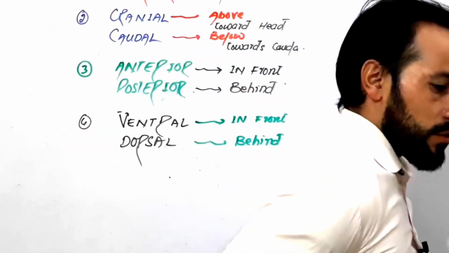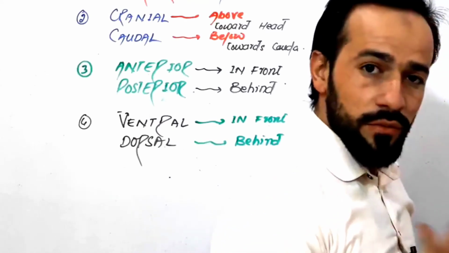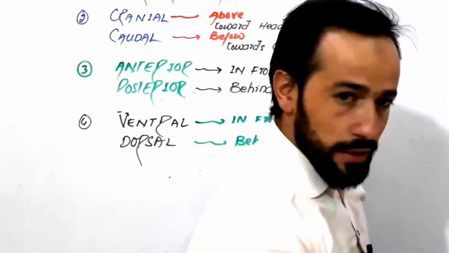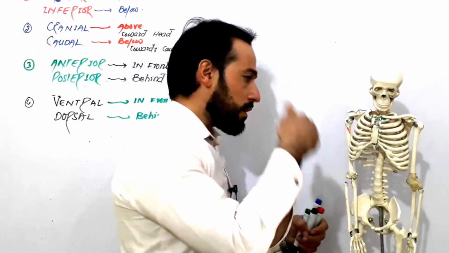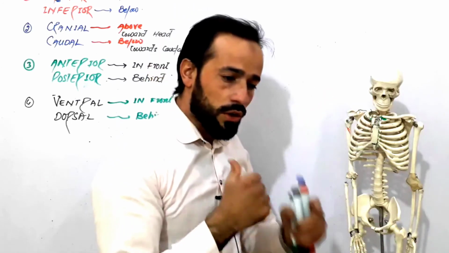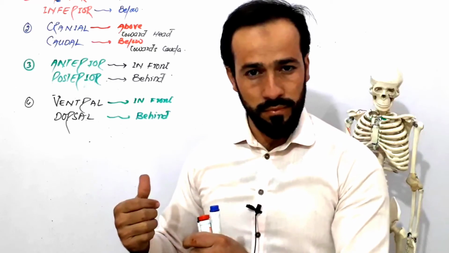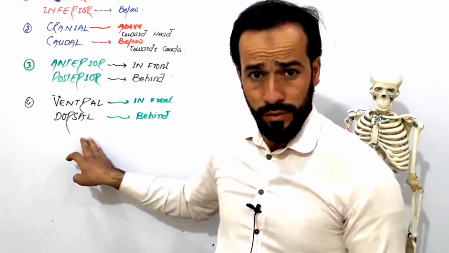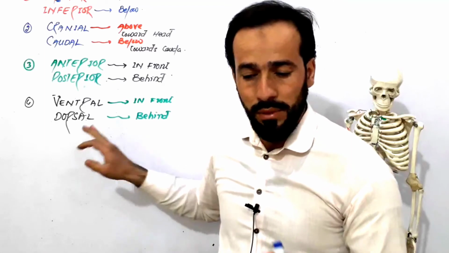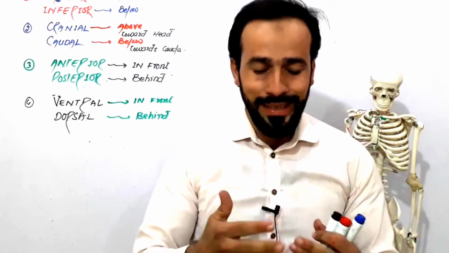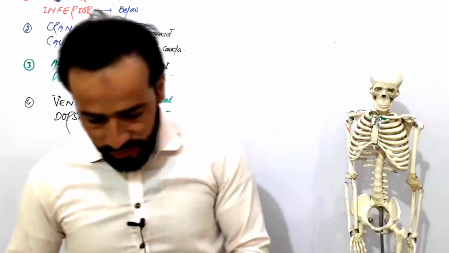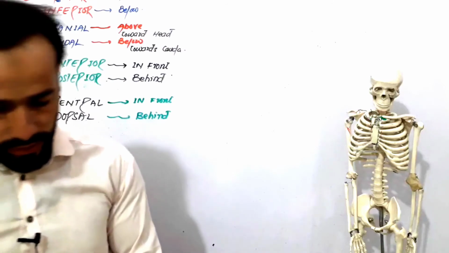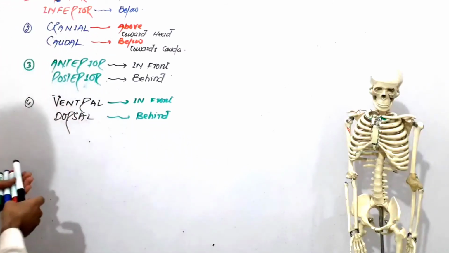So look carefully, my vertebral column is dorsally and my sternum is ventrally, right? The sternum is anteriorly, okay, and the vertebral column is posteriorly or dorsally. Clear? So dorsal and posterior are the same. There is a difference in pronunciation and spellings, but both of them have the same meaning: anterior or ventral, posterior or dorsal, right? So the next term regarding the body position is medial and lateral.